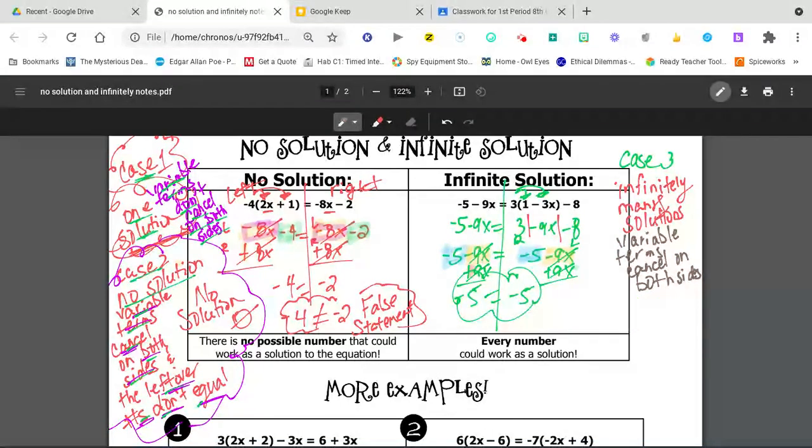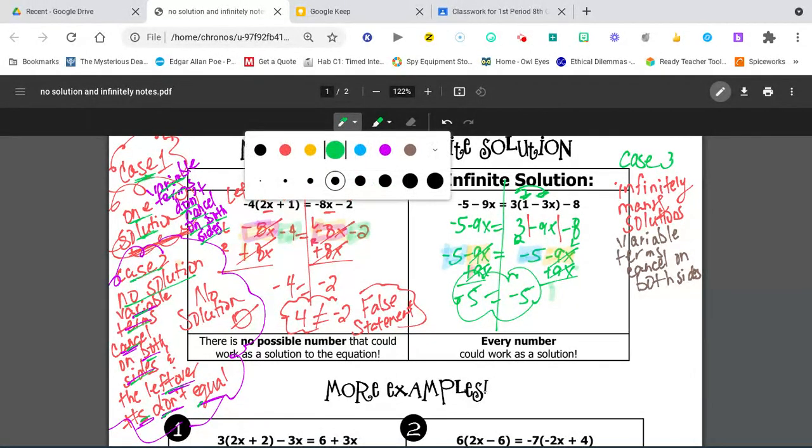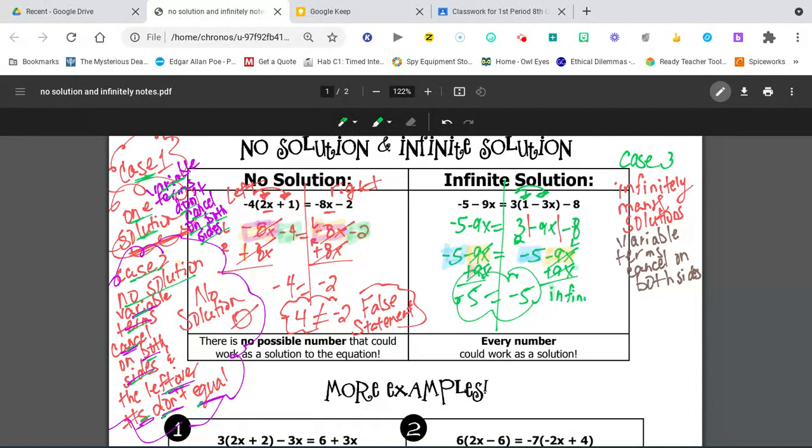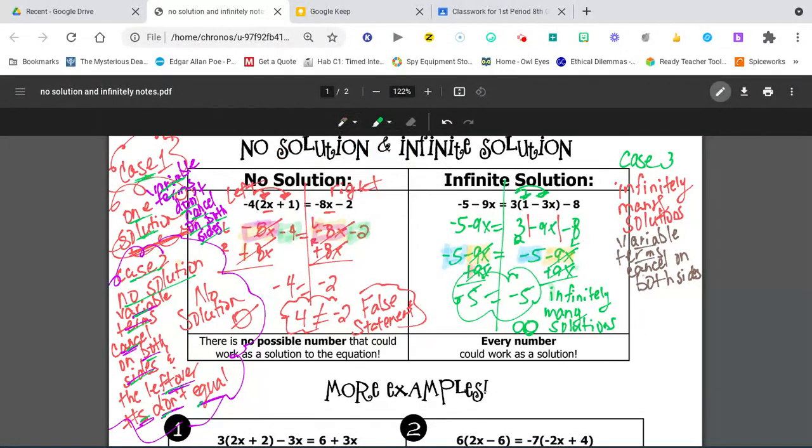Let me just put it over here. All right, so in this particular case, your variable terms cancel on both sides, and the leftover numbers are equal. So that's case 3.